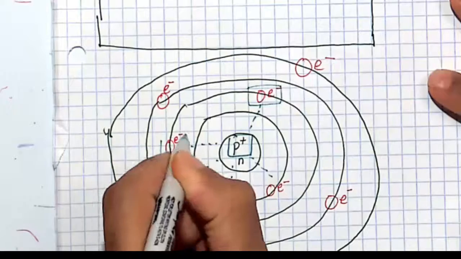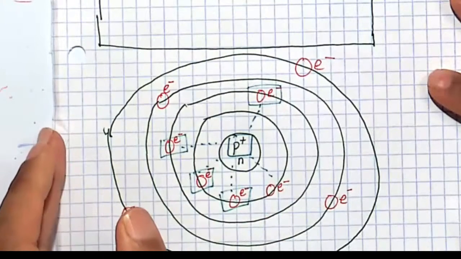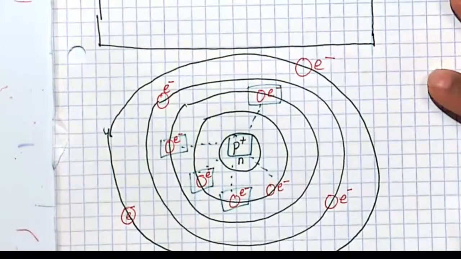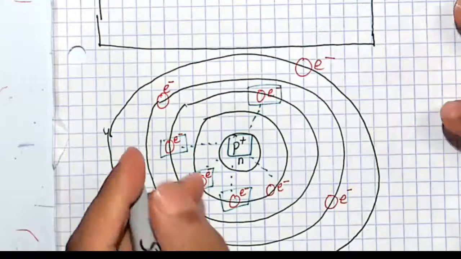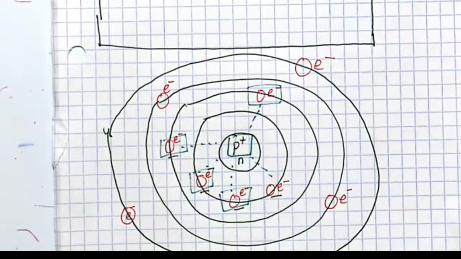The outer electrons really do not feel the full brunt, the full attractive effect, of the protons housed in the nucleus simply because they're outer, and also because most of the attraction is being felt by these core electrons.